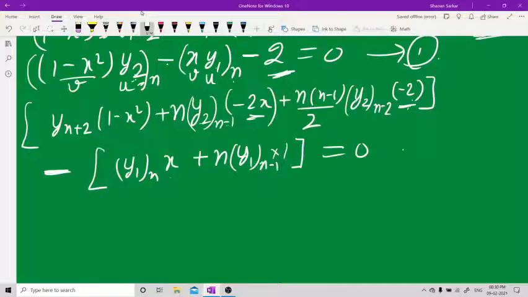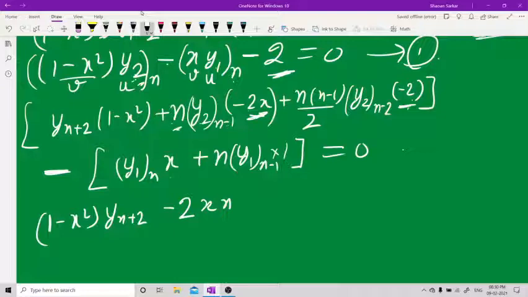So now you start writing the function. 1 minus x squared y_(n+2). Now minus into plus is minus 2x, n to this x, this n, and this will be added. So y_(n-1+2), n minus 1 plus 2, what will it be? n plus 1.